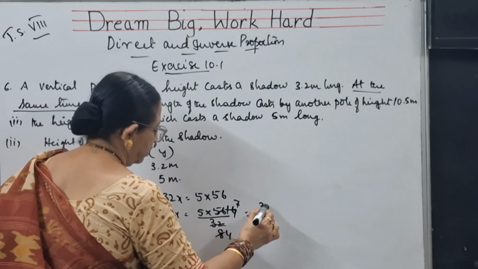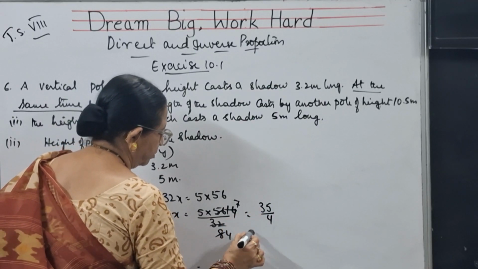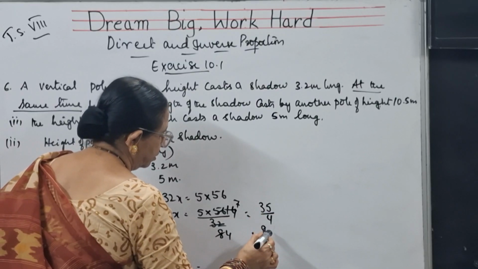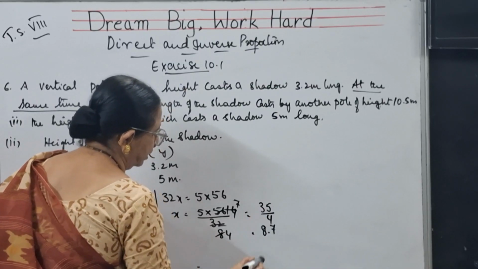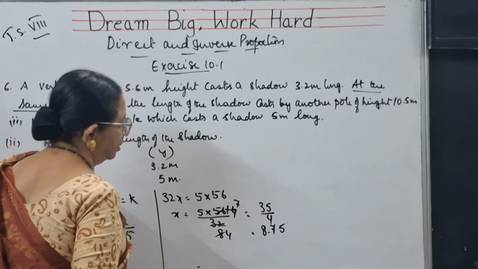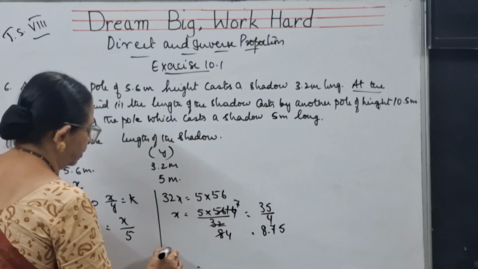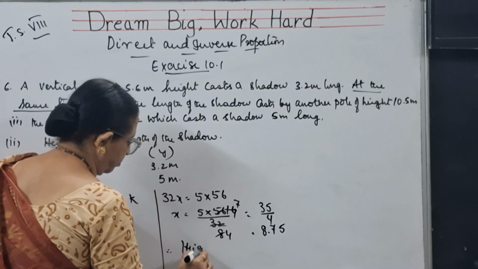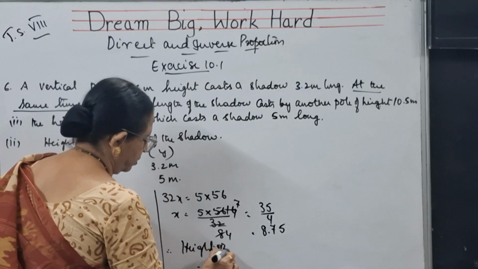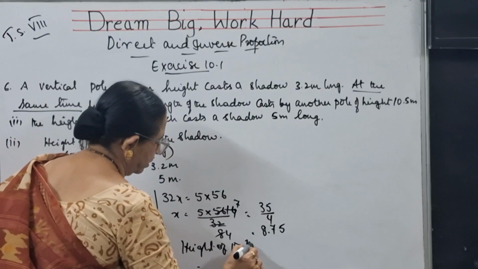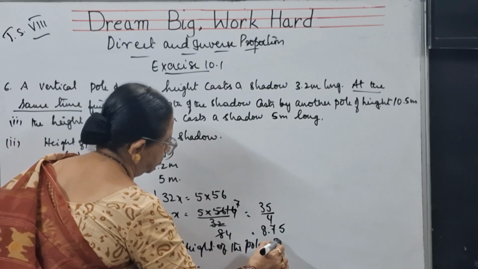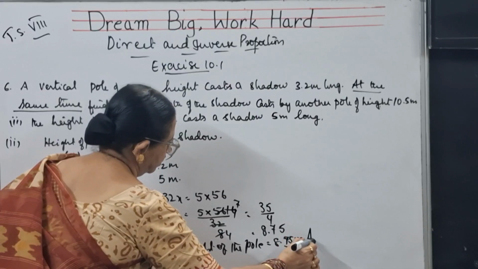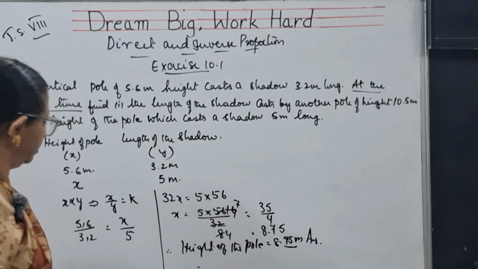That is 35 by 4. 4 eights are 32, 4 sevens are 28, 4 fives are 20. 8.75. Therefore, what is this x value? Height of the pole is equal to 8.75 meters. This is the answer, children, for this bit.